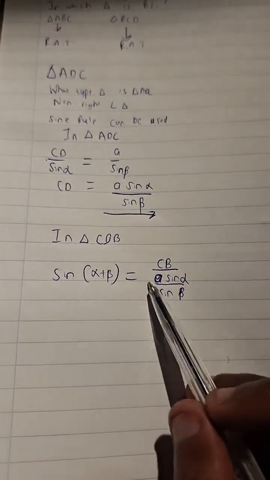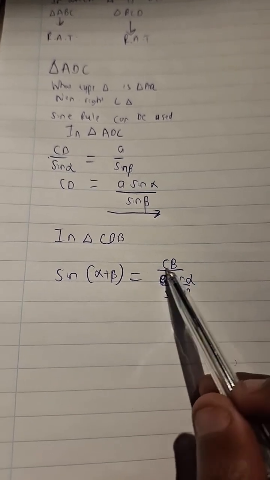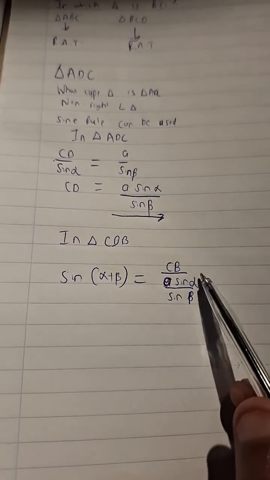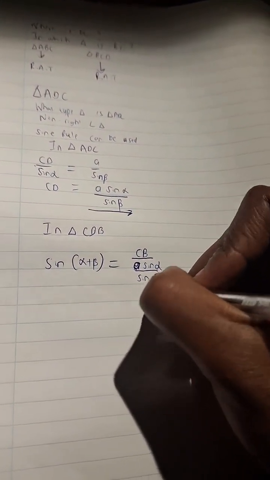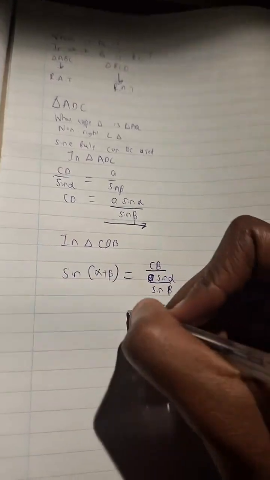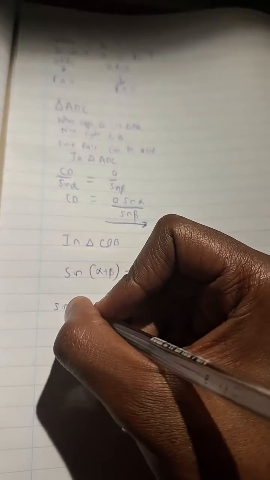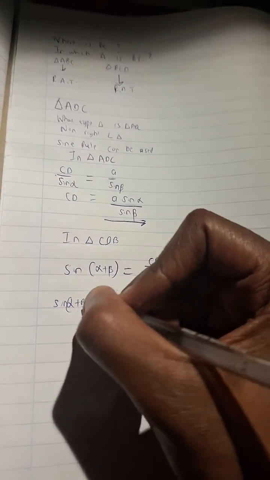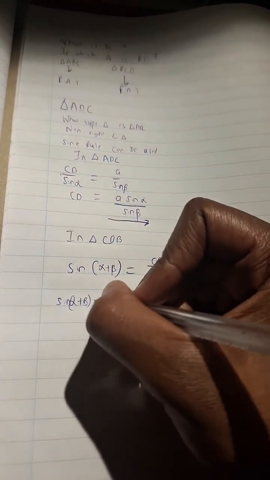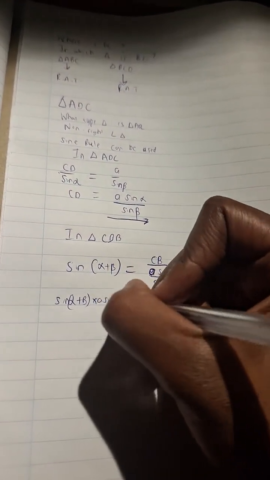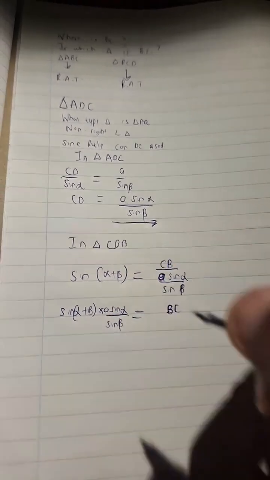So this is CB divided by A sine alpha over sine beta. This is in the denominator, so we multiply by it. We cross multiply. That means BC is going to be equal to sine of alpha plus beta times A sine alpha over sine beta.